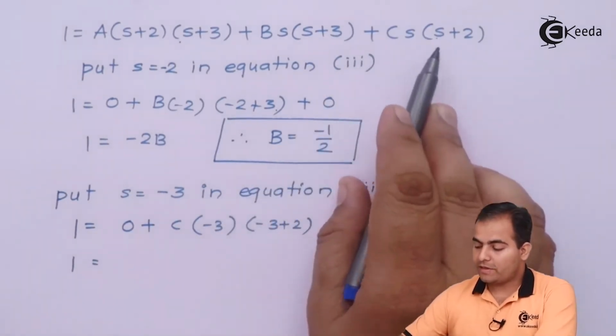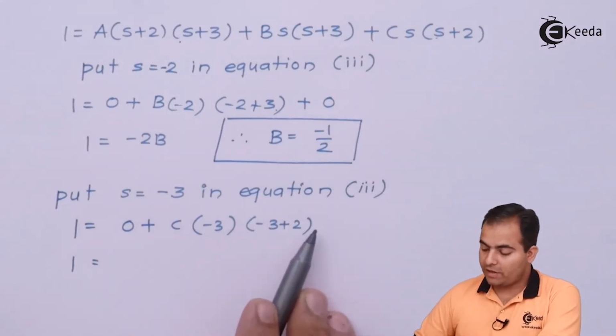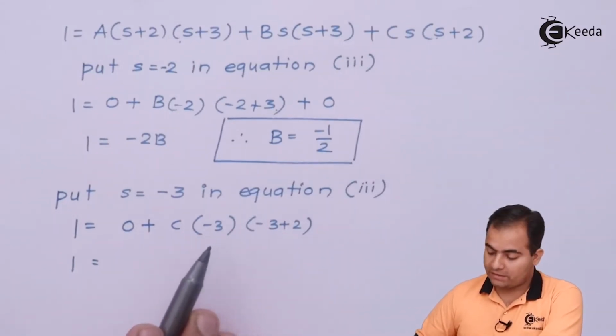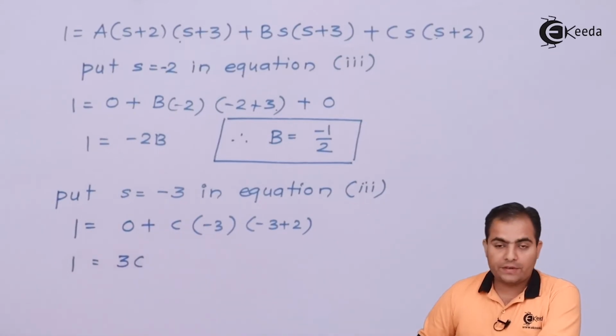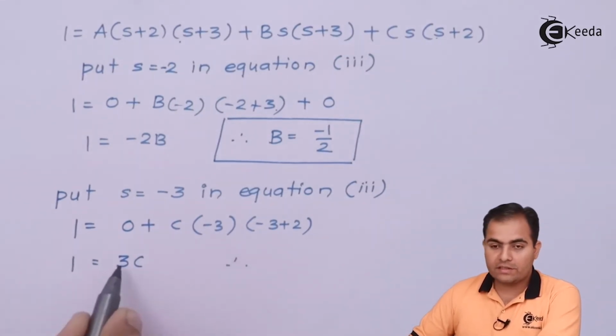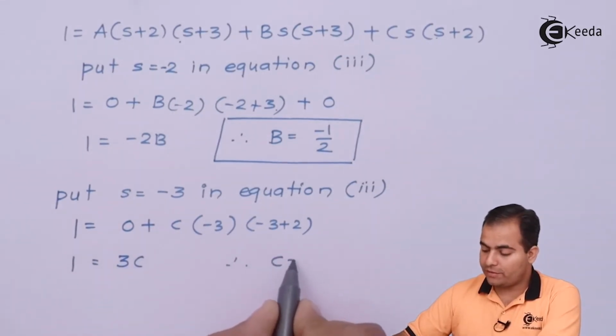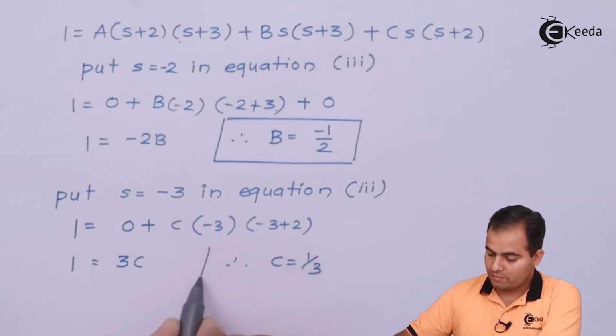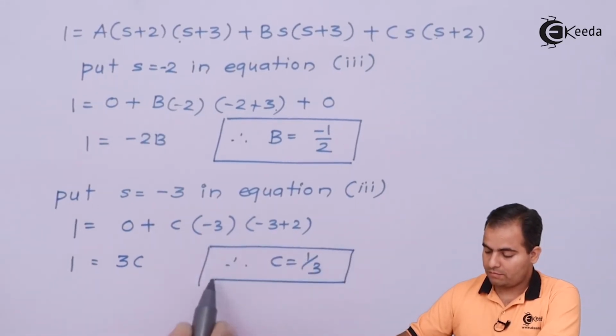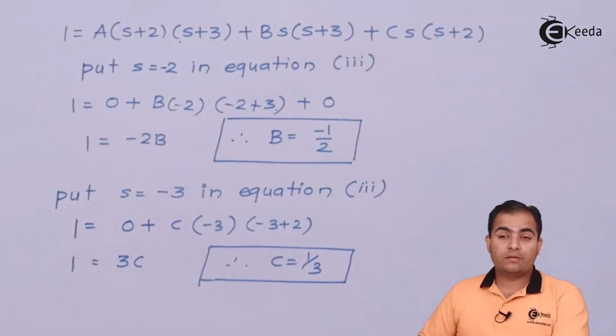This is also replaced by minus 3. Now minus 3 plus 2 is minus 1 and minus 1 into minus 3 is plus 3. So we have 3C. Now if I shift this 3 on left hand side, your C value is now 1 by 3.